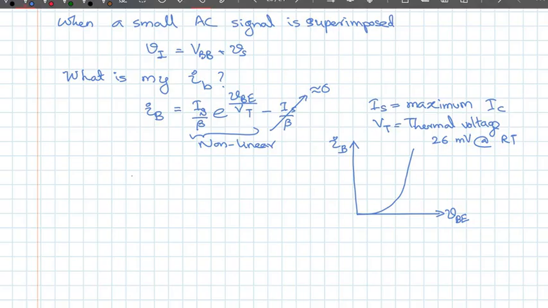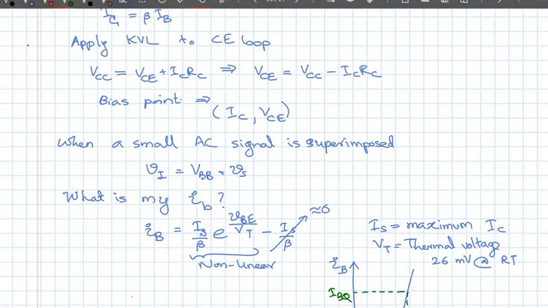Now at a particular value of operating point where this is VBEQ and this is my IBQ, this is my quiescent point, that's this.